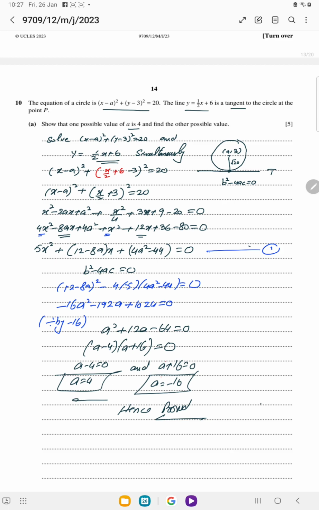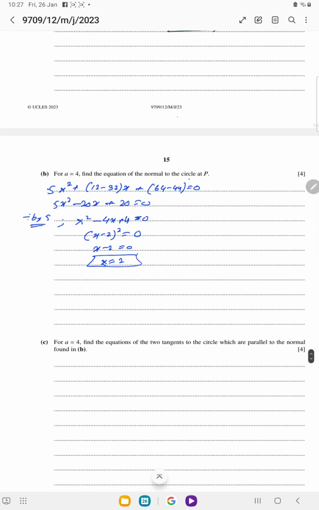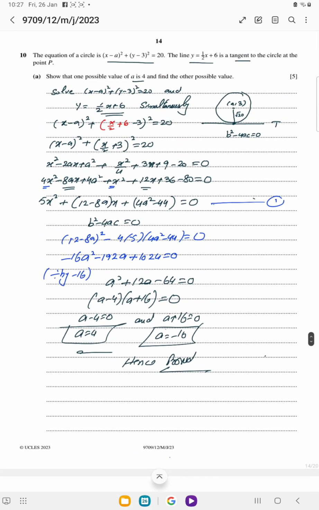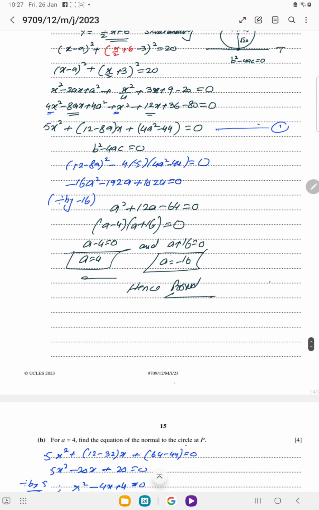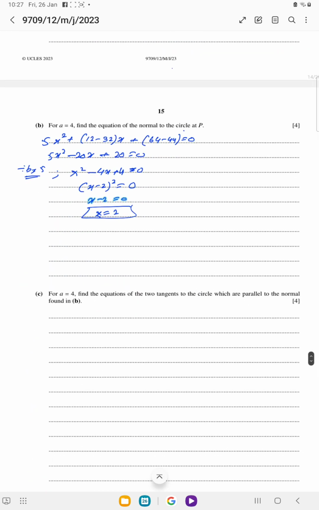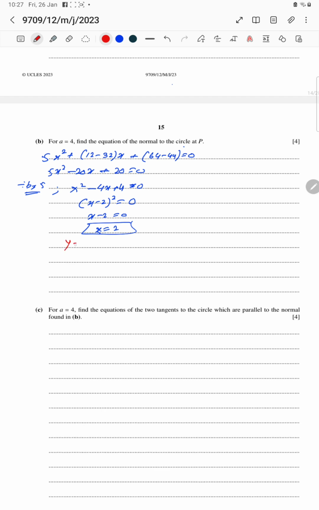So here we will put it in the line, y equal to 1 by 2x plus 6, right? So here I'm going to substitute it. y equal to 1 by 2x plus 6.